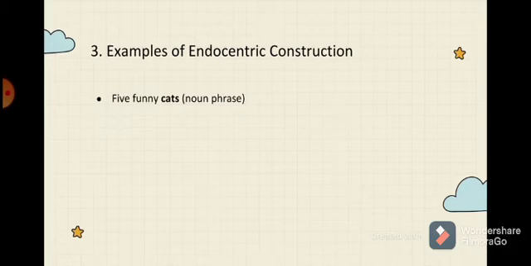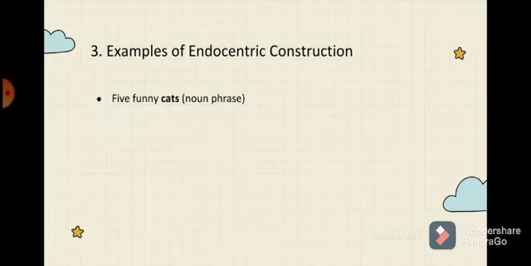For example, in the phrase five funny cats, the word cats is the head word, and cats relates to funny to make funny cats, and to five to make five cats.